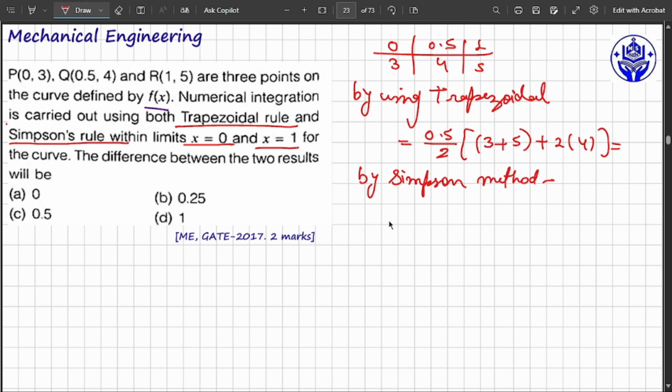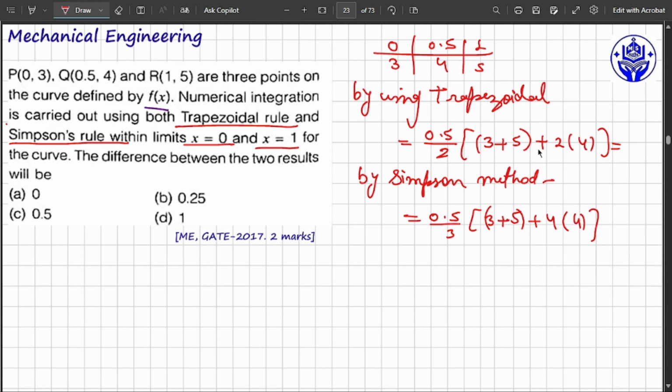Simpson's method is basically like this: 0.5 by 3 times y0 plus the last, plus 4 into 4.